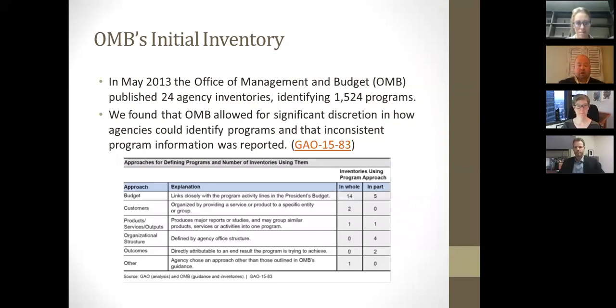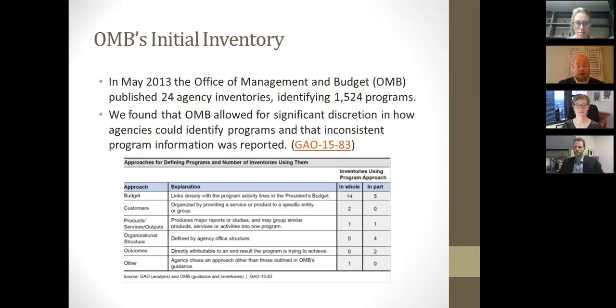As this figure shows, some agencies use budget information, at least in part or in whole, to identify programs. Others looked at their customers, their outcomes or outputs, and maybe even the organizational structure in making decisions identifying programs. As you might imagine, that creates significant inconsistency, both in the scope or scale of something they would consider to be a program, and the level of detail and amount of information provided.